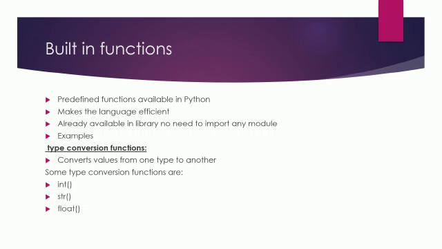Okay, so first of all, we can see the types of built-in functions. First is the type conversion function. You already know what a type conversion function is, but again I am going to tell you. Type conversion functions are those functions which convert any specific value given to the function to a specific type.